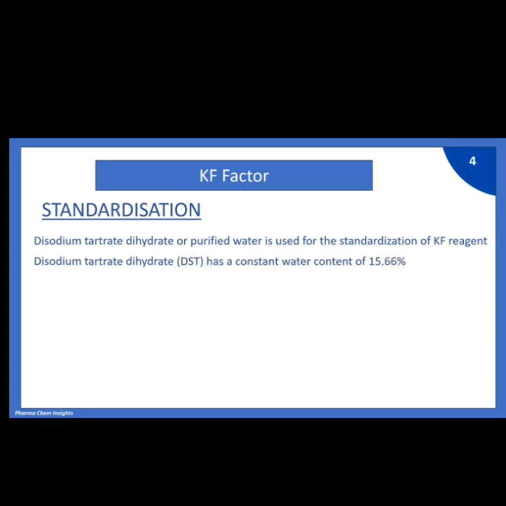Disodium tartrate dihydrate, DST, has a constant water content of 15.66%. The molecular formula of DST is Na2C4H4O6·2H2O. Molecular weight is 23 × 2 + 12 × 4 + 4 × 1 + 6 × 16 + 2 × 18 = 230.